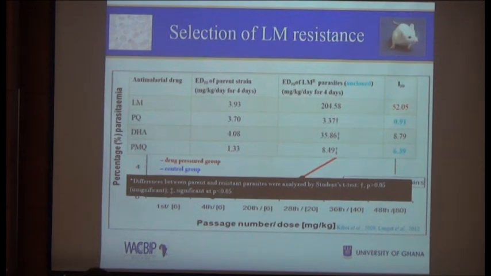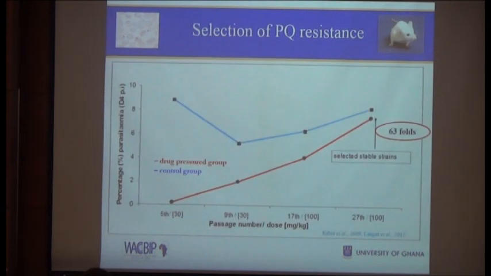So, on the next selection of piperaquine-resistant lines, within 27 passages we had a 63-fold resistant parasite, meaning that even if you apply 63 times the dose, you could not kill that parasite. And I want to highlight also, this was uncloned at this point. So now, we also wanted to test the cross-resistance profile.